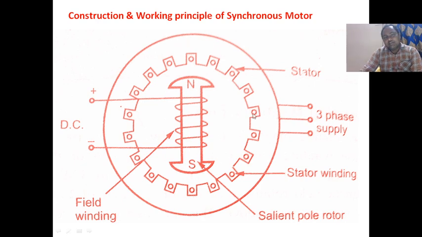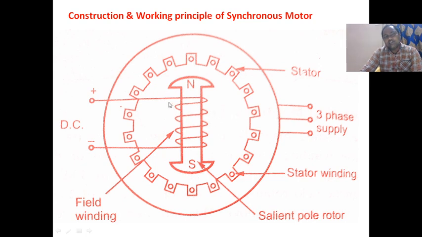The stator has the stator winding. We see here the slots, the number of slots. The winding is placed there; it is the stator winding or armature winding. In the rotor, the field winding is placed. In a motor we give electrical energy, which is converted into mechanical energy.